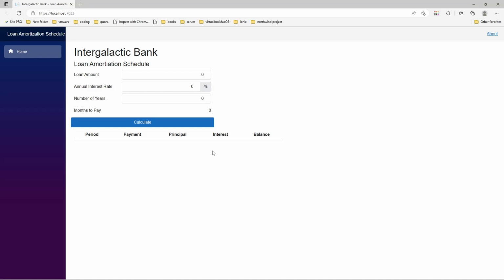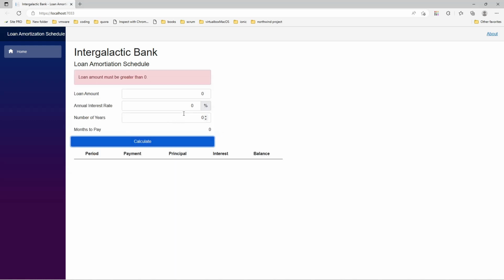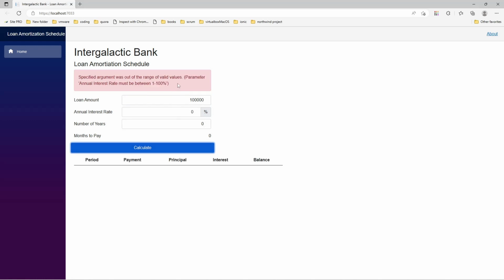Yeah, we initially saw it at the start of this session, and we now have our final application wherein you can input values. If you just click calculate, we have validations already set up as part of the logic for the calculation, so it would output errors on the different fields that are required. For example, you enter 100,000 and then click calculate again, then you have a different error.